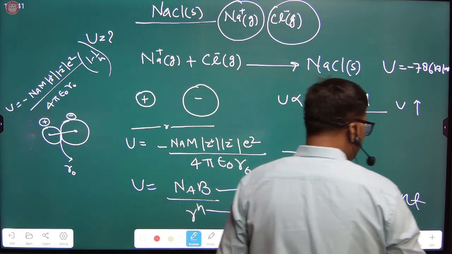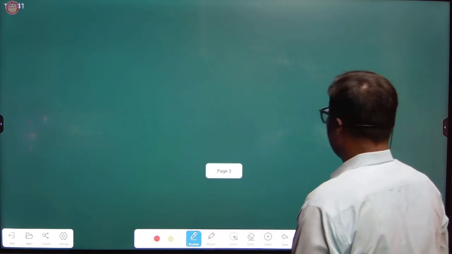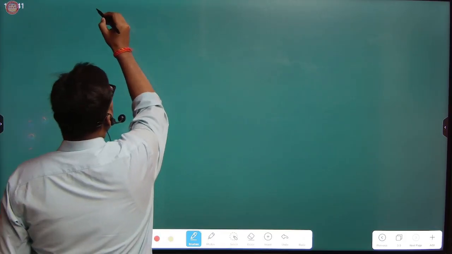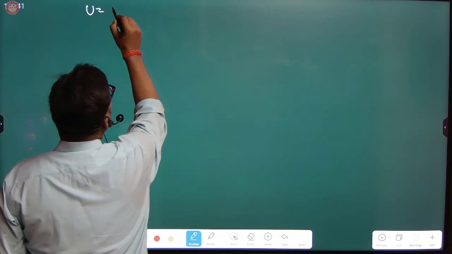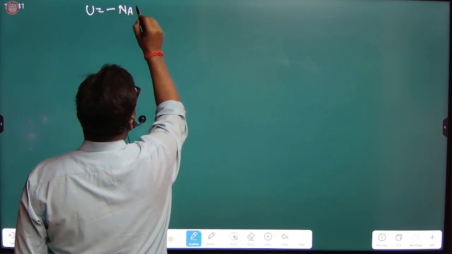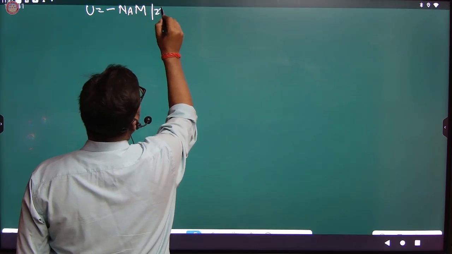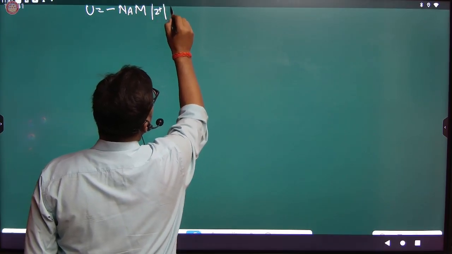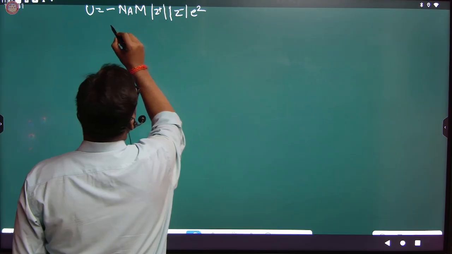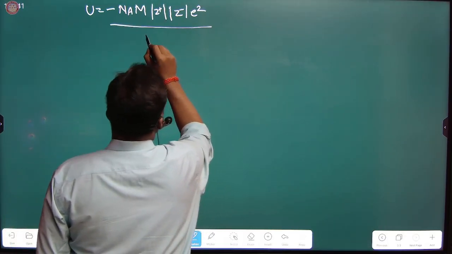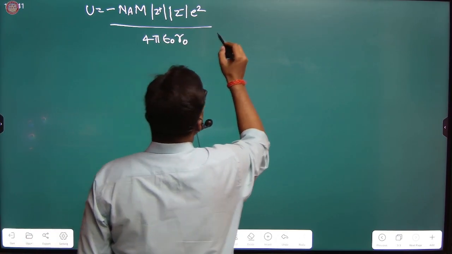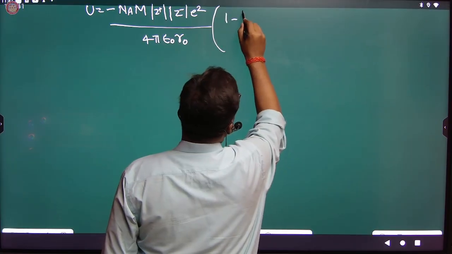So the justification of the various parameters is that U is equal to minus N_A M Z plus Z minus e square upon 4 pi epsilon 0 R0, 1 minus 1 by n, right?